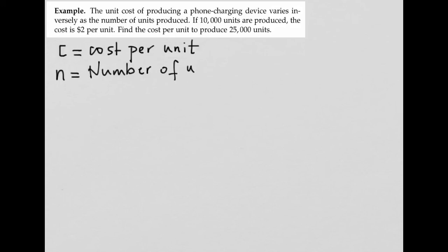So we write C is the cost per unit and let's say N is the number of units produced.